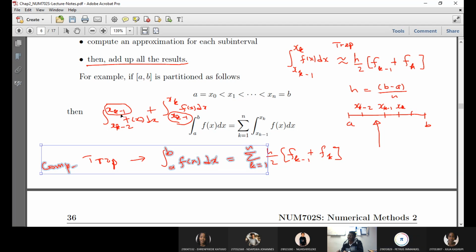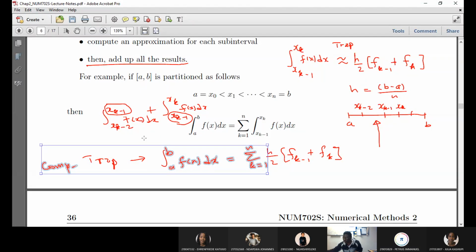That is true for any interior point. These two subintervals share x sub k minus 1 as an interior point. So all the interior points except A and B will be summed twice, because in this entire summation, all the inner points will appear twice.